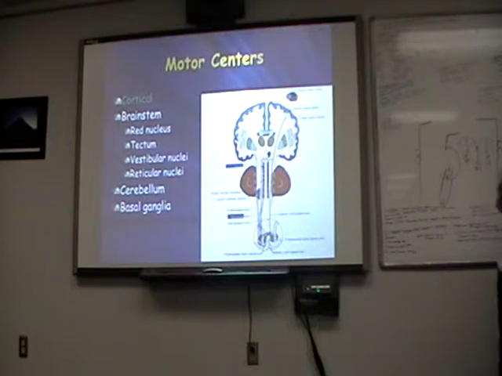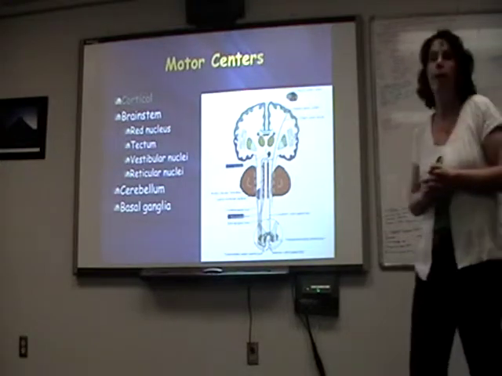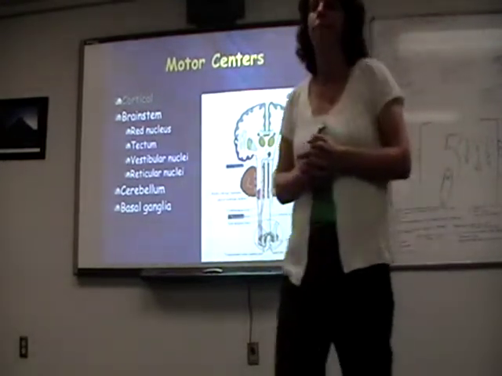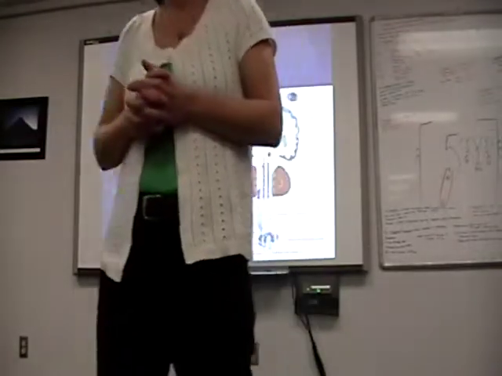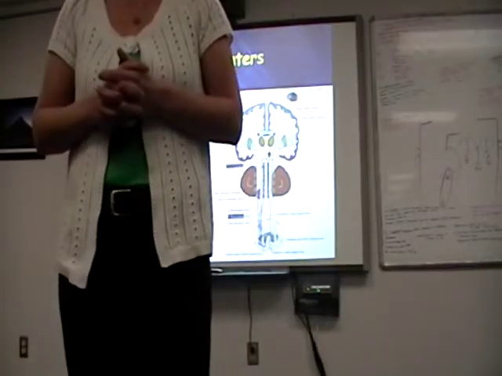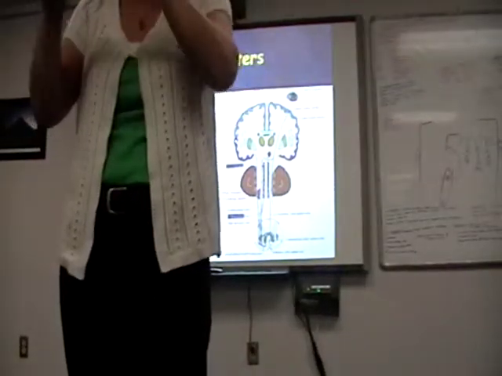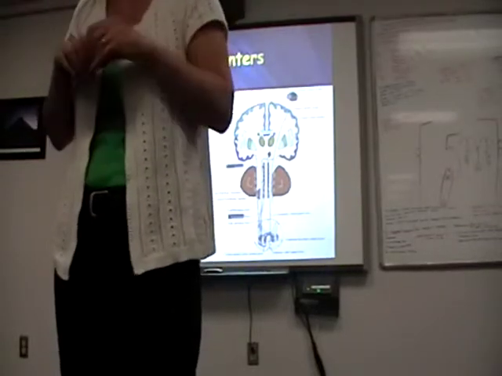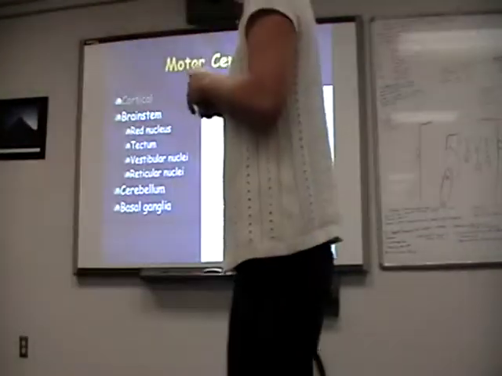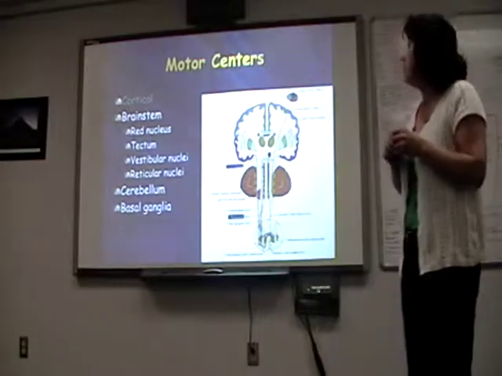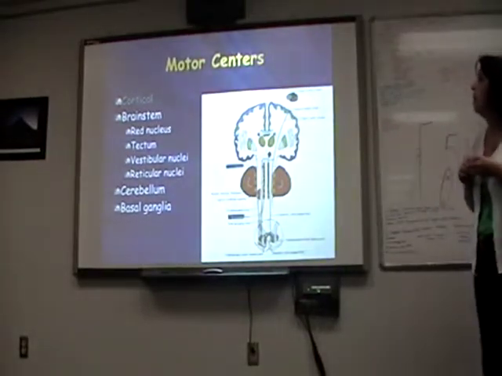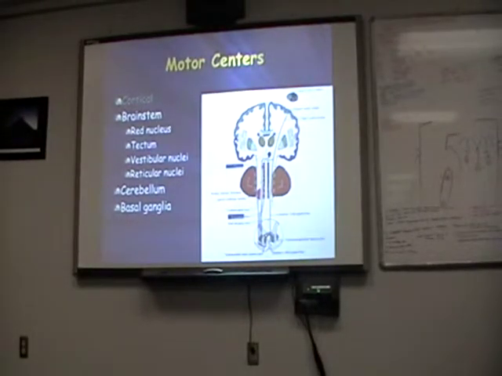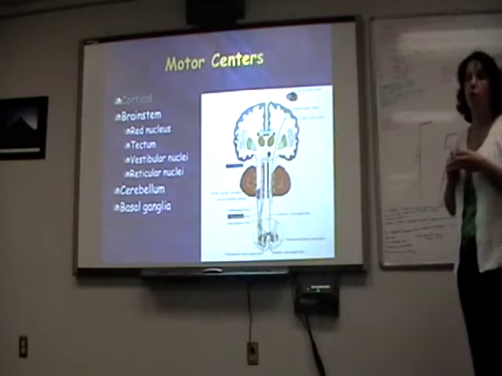We've got our vestibular nuclei. Where are they? Floor of the fourth ventricle, basically at the junction between the pons and medulla, mostly in the pons. They're going to be the origin of our vestibulospinal tract, and we'll get into these. And then the reticular nuclei, which are going to be the origin of our reticulospinal tract.